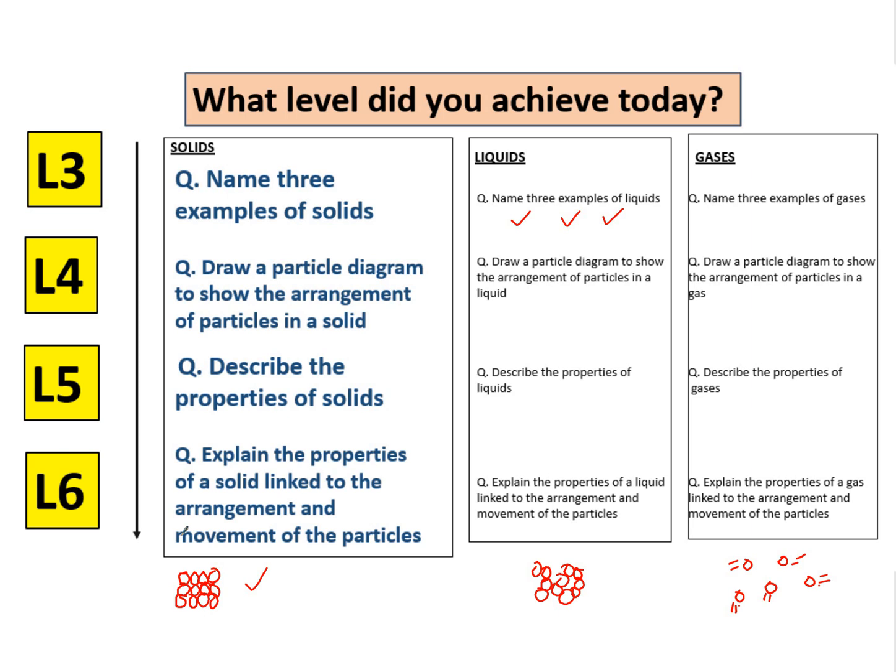Whereas liquids, there are less bonds between them, they're still attached, but they can flow and they can move over one another. So it's easy to pour a liquid and a liquid flows. Gases, however, will fill the space of the container they're in because the particles have no connections, no attachment to one another. They have lots of energy and they're moving around rapidly.